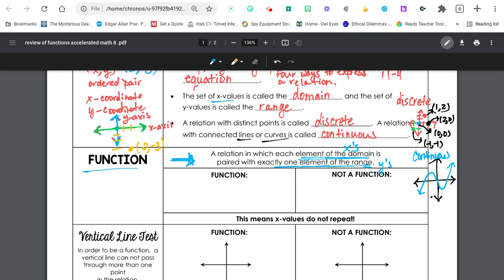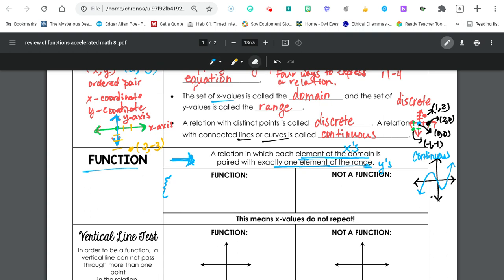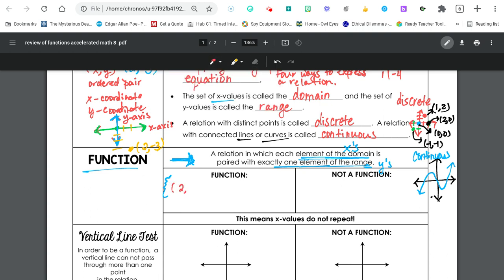So for instance, if I gave you, and you all write this down, I'm gonna write this as a set. All right, this is set notation, little squiggly lines. And let me change this color. Let me go back to red. 2, 4 as an ordered pair. 0, -1 as an ordered pair. 6, 5 as an ordered pair. 1, 3 as an ordered pair. Okay?